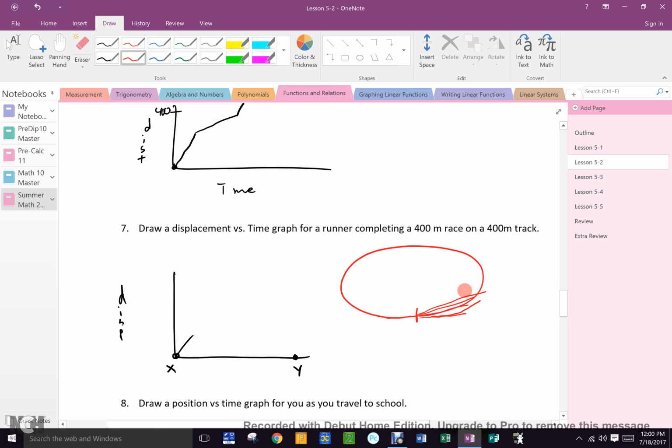No. So what has to happen to the line? Not down, because I'm not coming back towards home. It keeps going up, but it can't go up as steeply, because it's getting less and less. Now, when I get to this point right here, that is my maximum distance from start, isn't it?